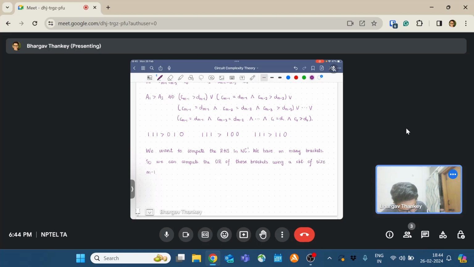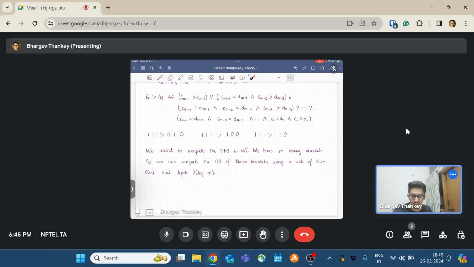Let me just write order n and order log n. First of all, let's focus on how we can compute all of these brackets. We'll worry about how to compute each bracket later. How many brackets are there? M many, right? So you have M inputs and you want to compute their OR. What you can do is create a tree of OR gates of depth order log M, and that would compute the OR. Is this fine?